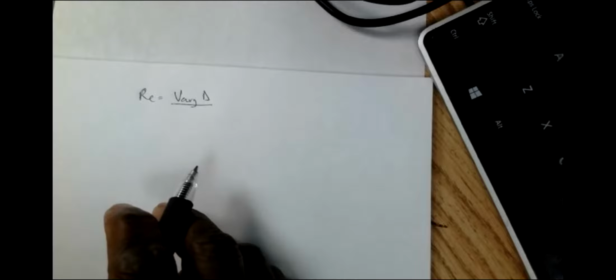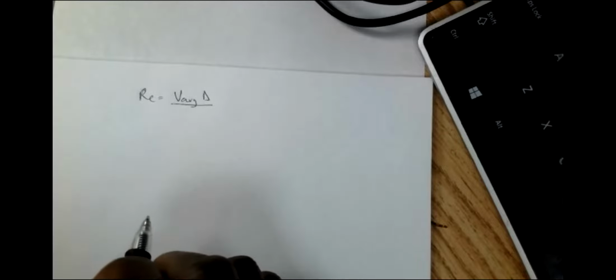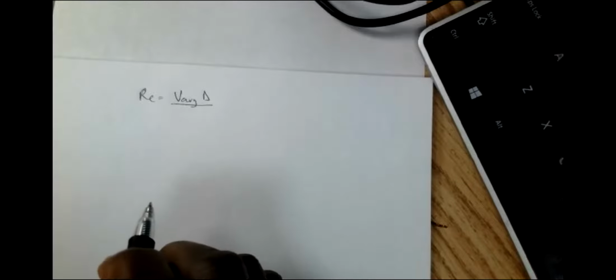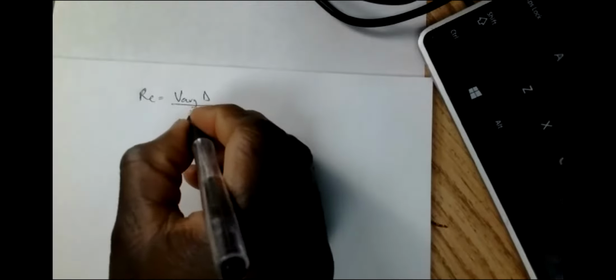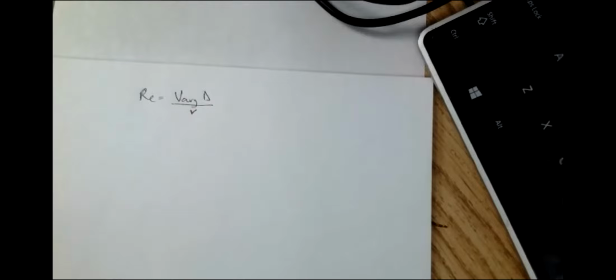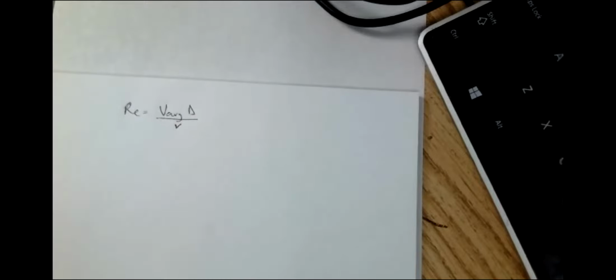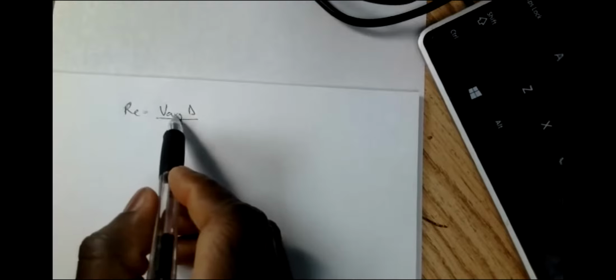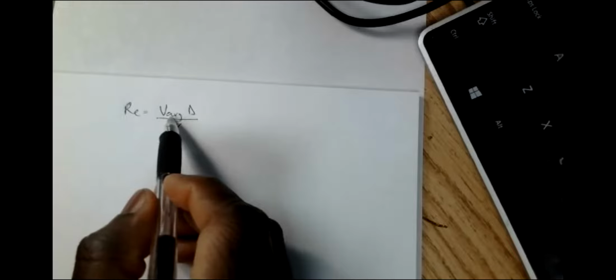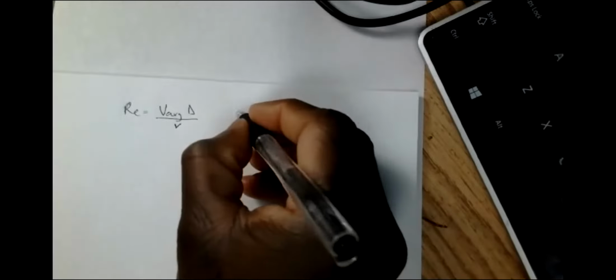Yeah, divided by V. Okay, and we need to find the average velocity. We also have an expression for that.